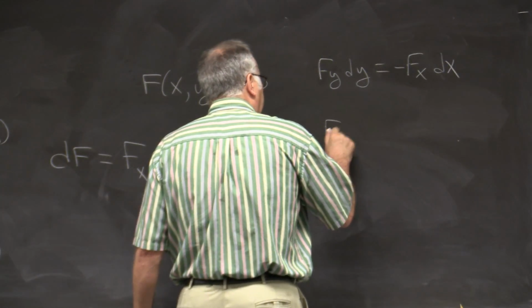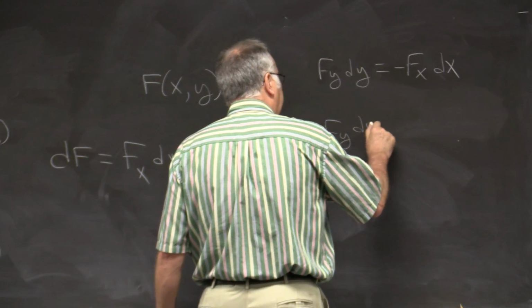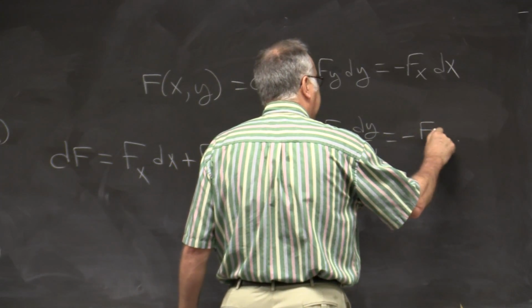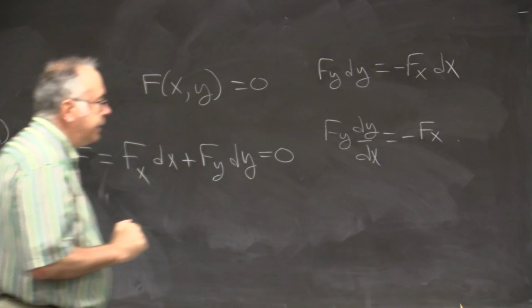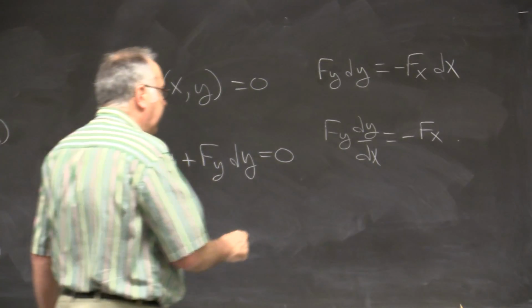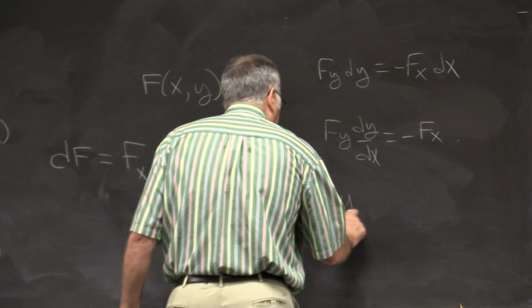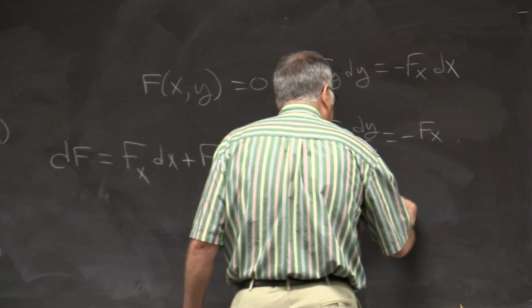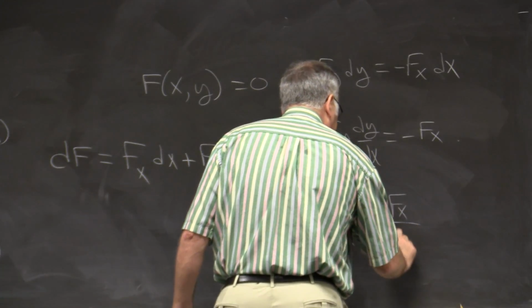We get F sub y dy/dx equals minus F sub x. Now let's divide both sides by F sub y. And then you get dy/dx equals minus F sub x over F sub y.